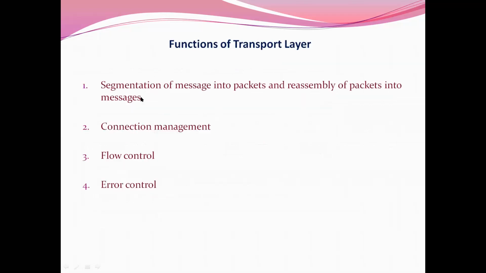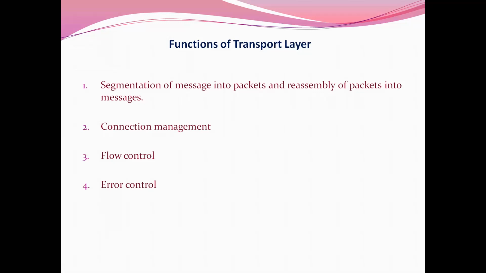So look at this. This is the segmentation of message into packets and reassembly of packets into messages. This is the first function performed by the transport layer. Whatever data it receives from the session layer is divided into small packets. That is known as segmentation.